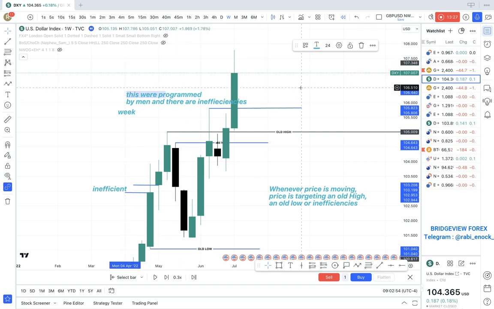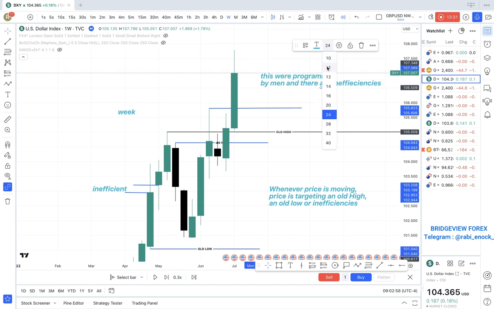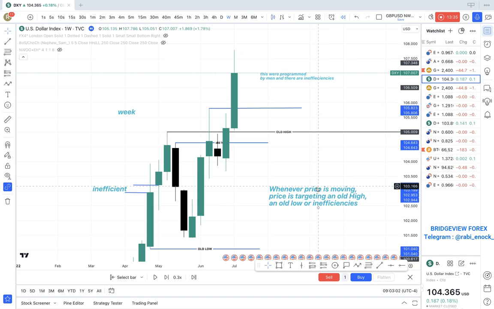These things were programmed by men, and there are inefficiencies within them. So whenever price is moving, price is targeting an old high, an old low.